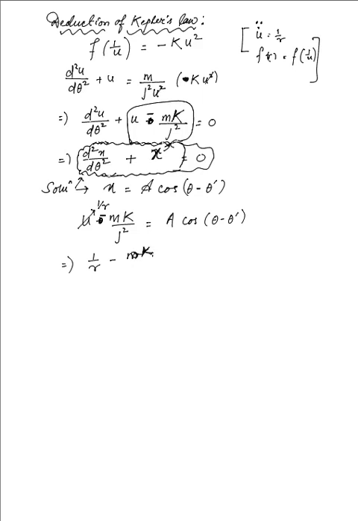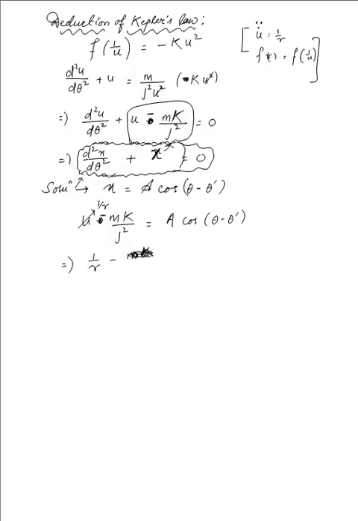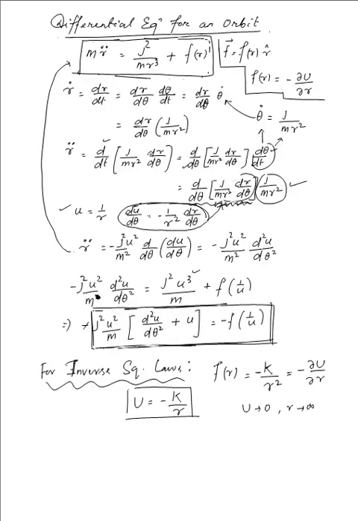Remember, just in the previous page, if you remember, what I had obtained over here is minus of f of u, f of 1 by u, that is this over here.